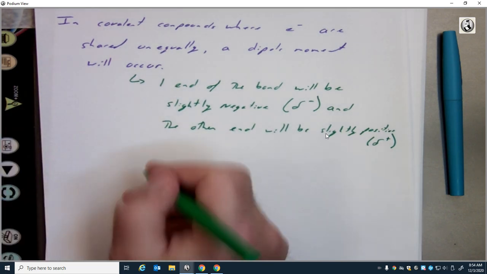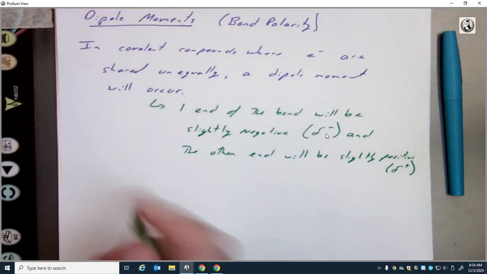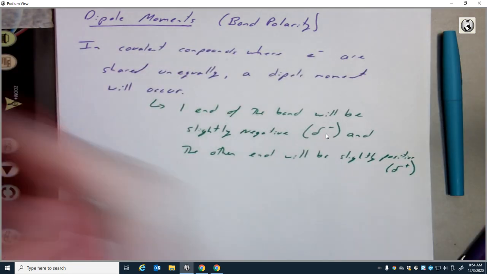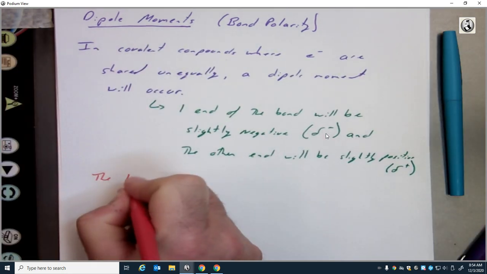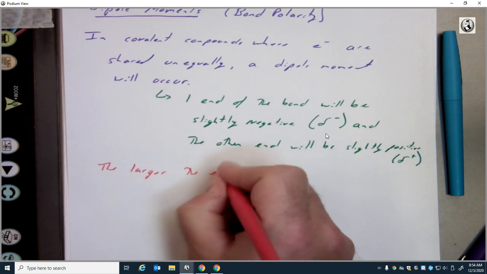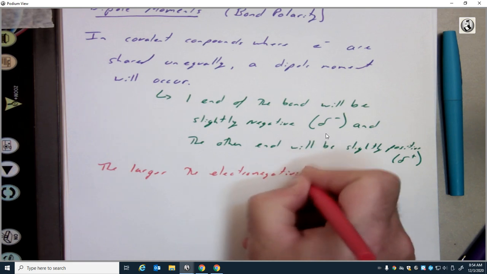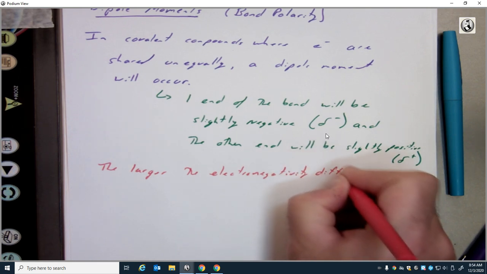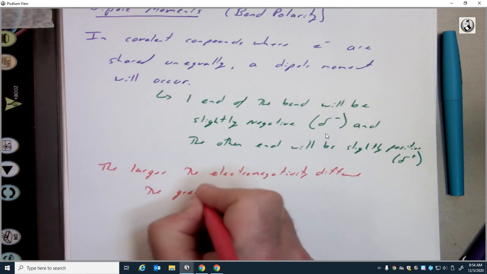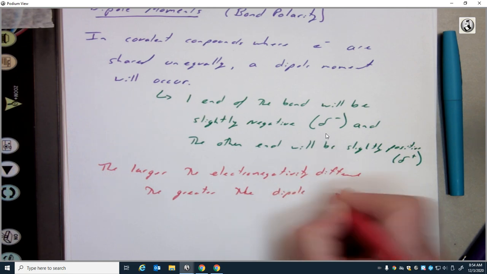So really what we're using is electronegativity difference. The larger the electronegativity difference, the greater the dipole moment.